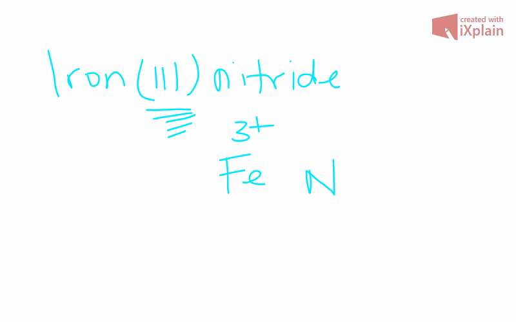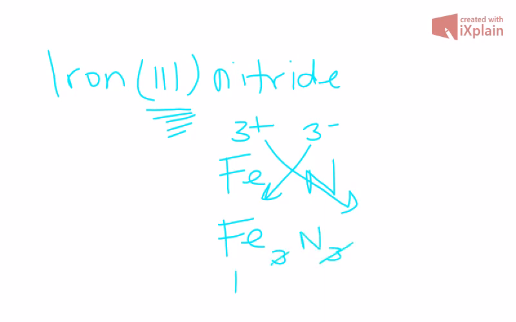When you refer back to your periodic table, nitrogen has an atomic number of, let's see, 3. So you are going to crisscross, and it's going to become Fe3N3, and now you're going to reduce. Both of these can be reduced by 3, so you're going to be left with FeN. Okay?